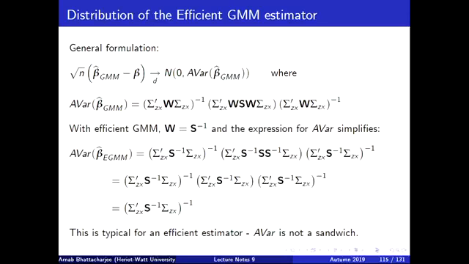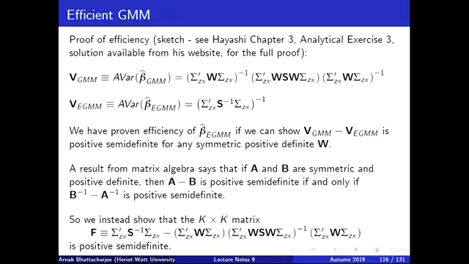But let us now spend a few minutes to try and see why this is efficient. Here I have only a sketch, but it will provide the main ideas. The full proof is available in Hayashi. So this is the asymptotic variance of GMM, and this is of efficient GMM.